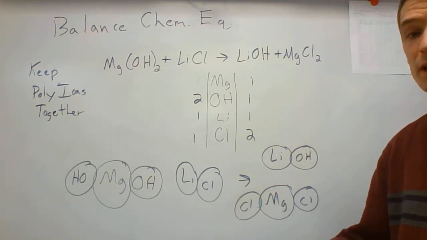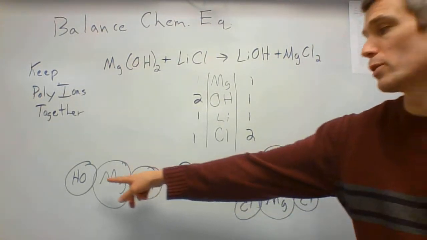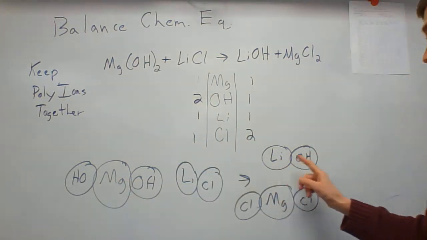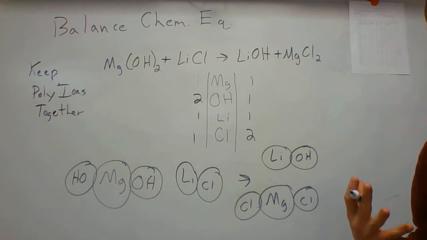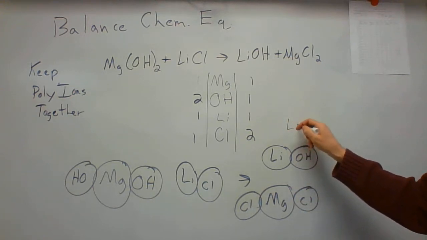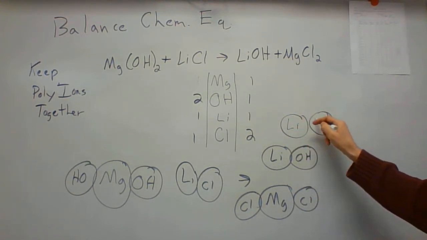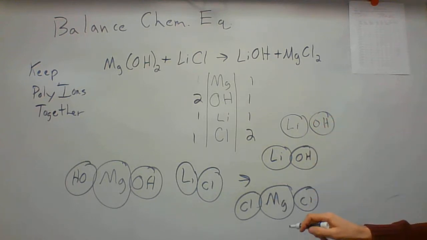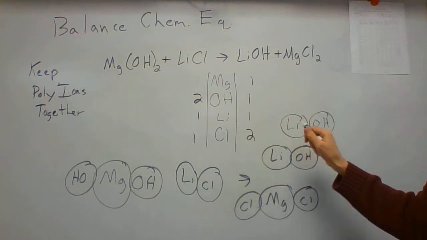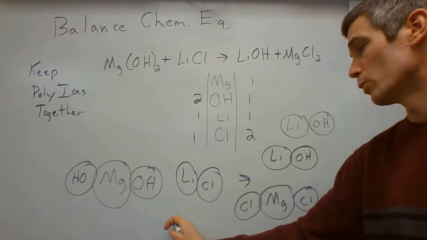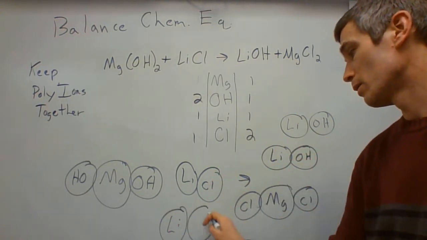Now you can see that I've got more hydroxide on the left side than I do on the right side. So I have to make that right. So I'm going to add a whole lithium hydroxide. And that's going to knock out, I have more lithium on this side now. I've got 1, 1, 2, and I only have 1, so I need a whole other lithium chloride.